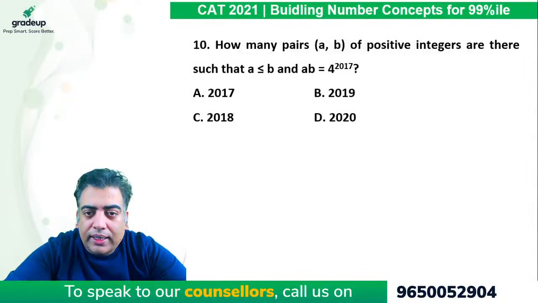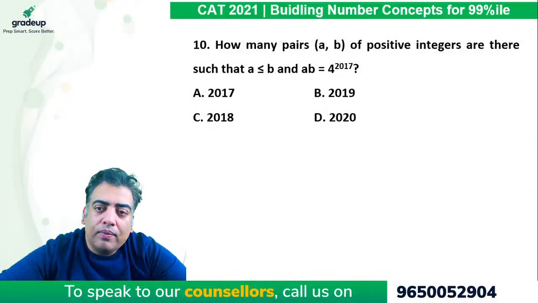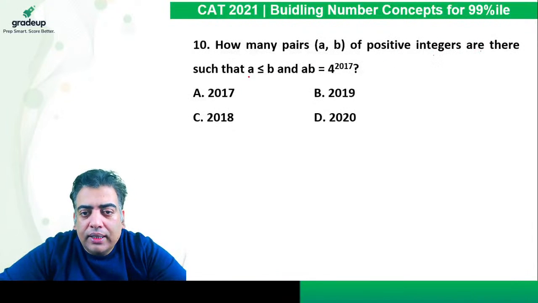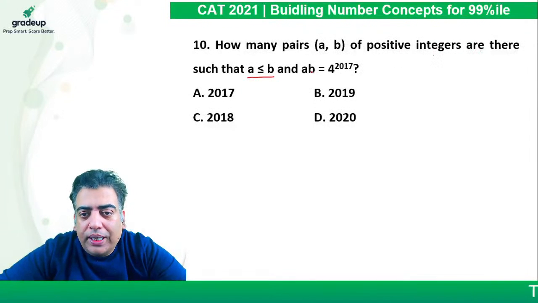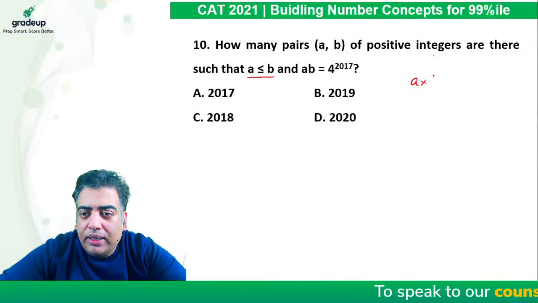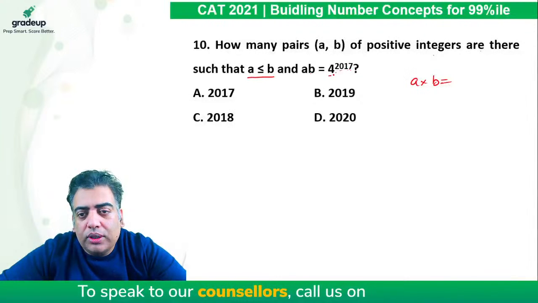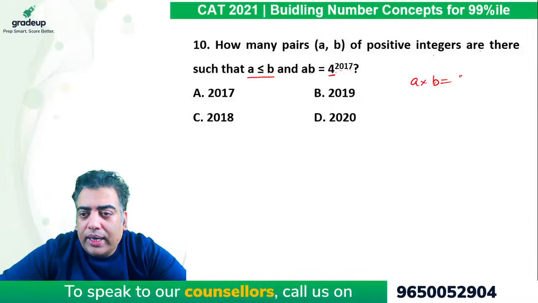Okay, so here it says how many a comma b pairs of positive integers are there such that a is less than or equal to b and the product of a and b is 4 raised to power 2017. So this 4 is 2 square, so it can be written as 2 raised to power 4034.